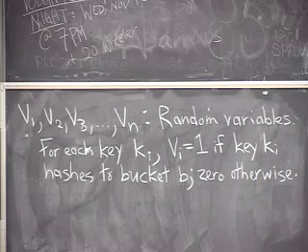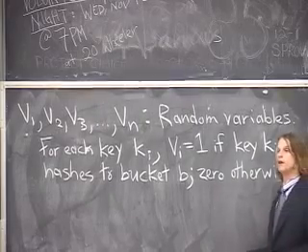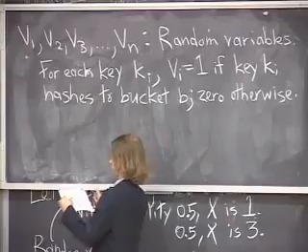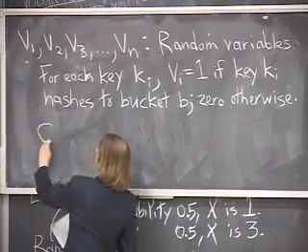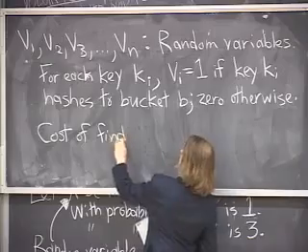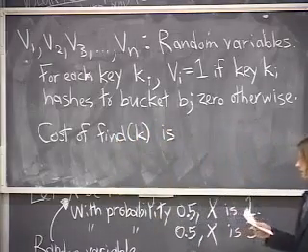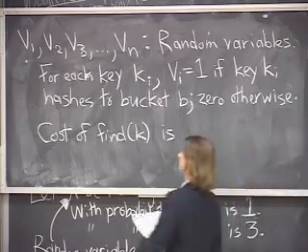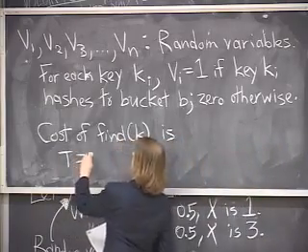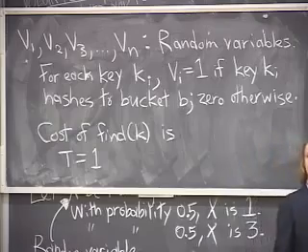So now, let's look at the cost of a find operation based on these random variables. The cost of find K is going to be equal to, well, there's a basic cost of $1, as I said before, for hashing.